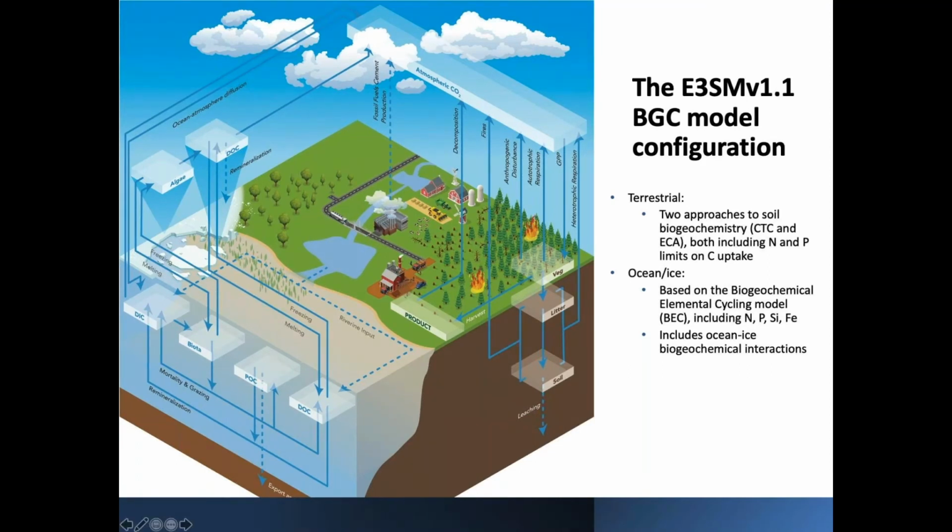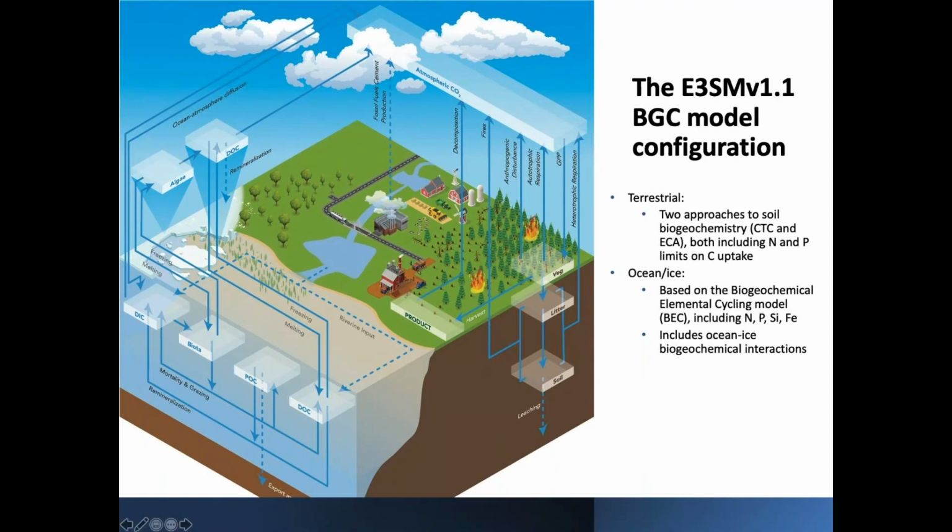And the schematic here is a high-level overview of some of the processes that are represented. In the land, we have two different approaches to soil biogeochemistry, which are called CTC and ECA, CTC being our default model, and ECA being an alternative that we use to explore structural uncertainty. Both of these include nitrogen and phosphorus limits on carbon uptake.